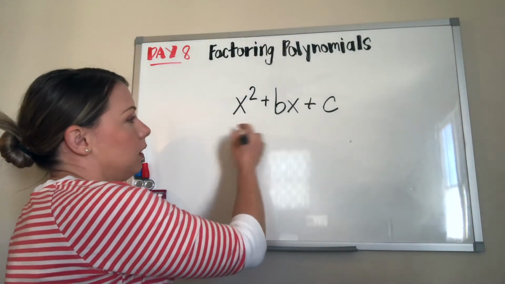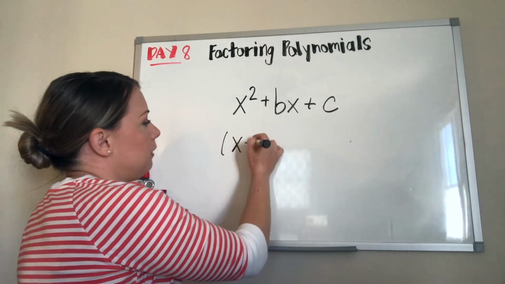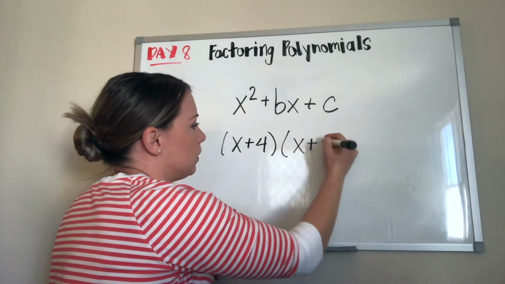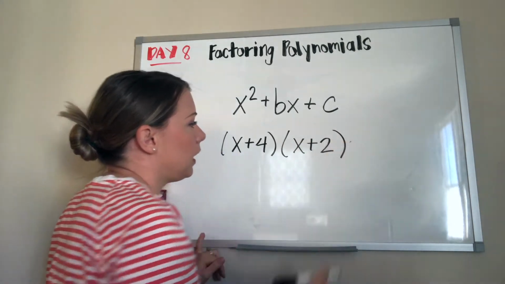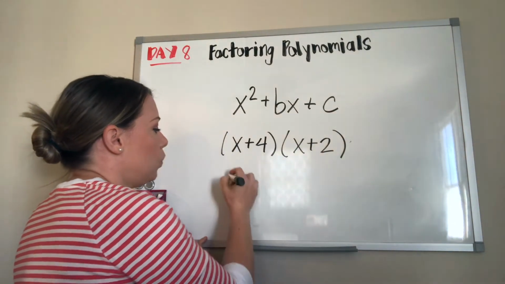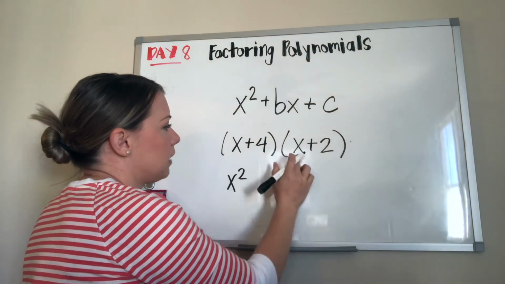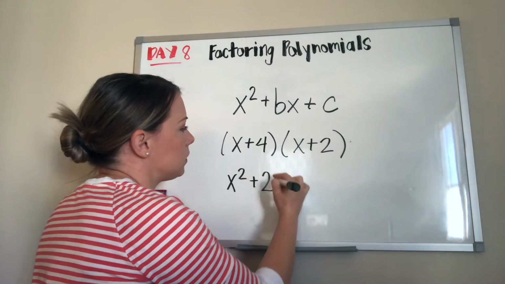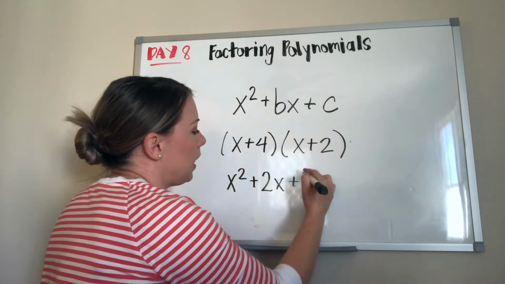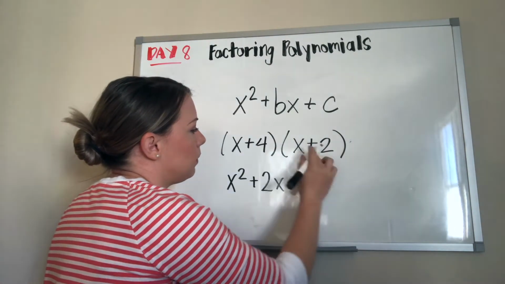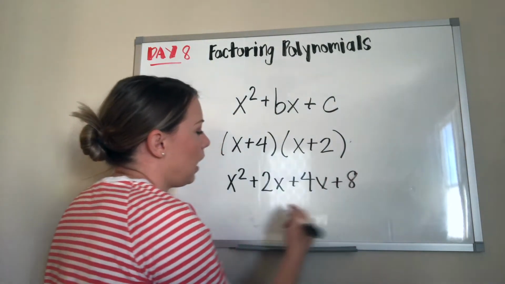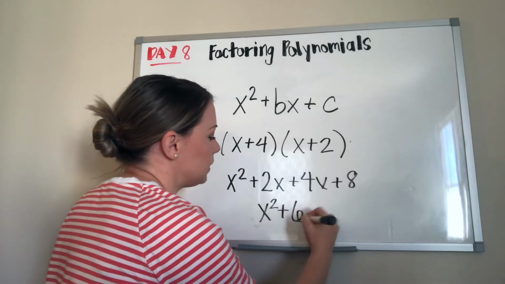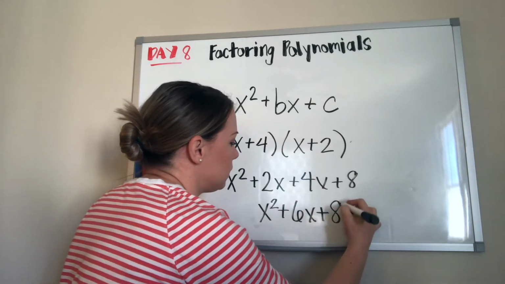So let's consider if I had these 2 binomials and I asked you to multiply them. We know that I would have x times x, which produces x squared. Then I would have 2x. Then I would have 4x. And then I would have 8. I would combine like terms and have x squared plus 6x plus 8.